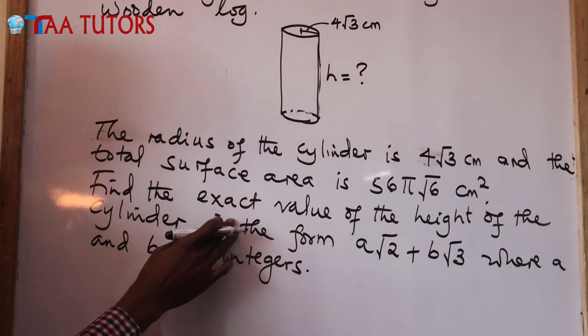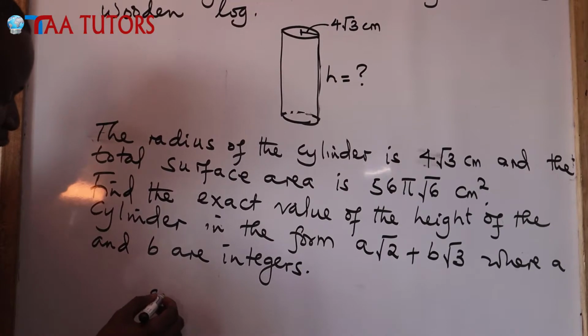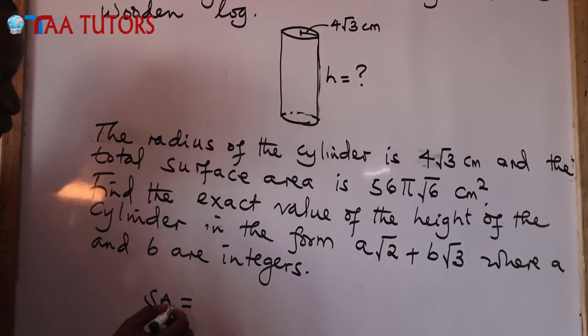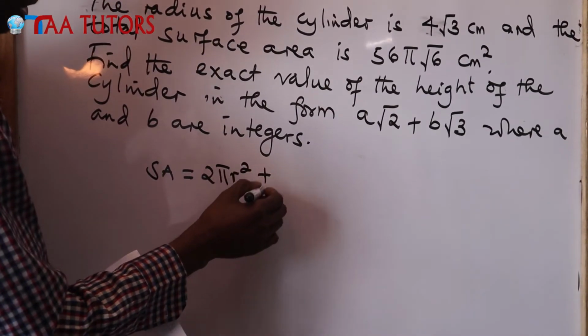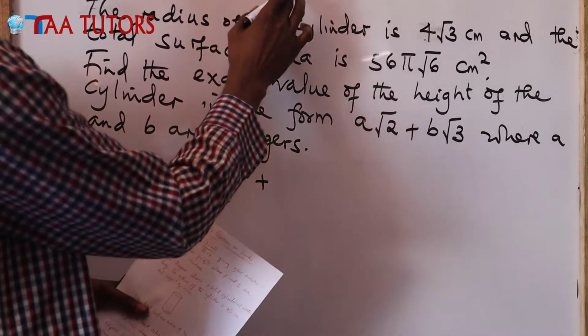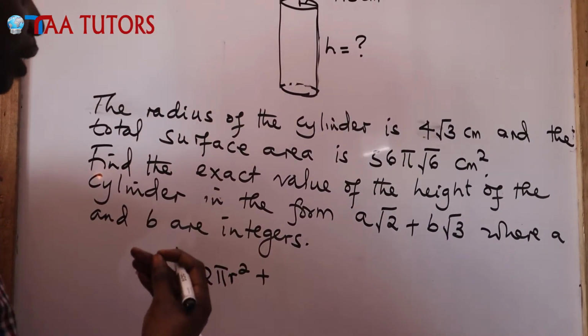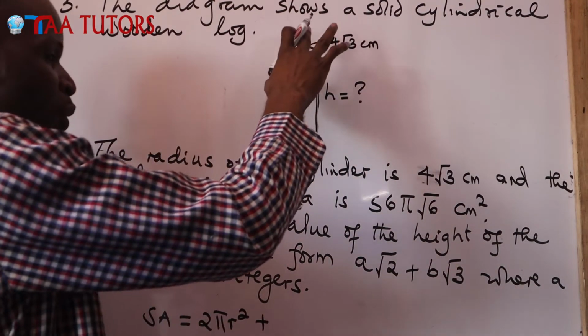We need to know the formula for the surface area of a cylinder. The total surface area for a closed cylinder is 2 pi r squared for the top and the bottom, because one circle is pi r squared, another one is pi r squared.